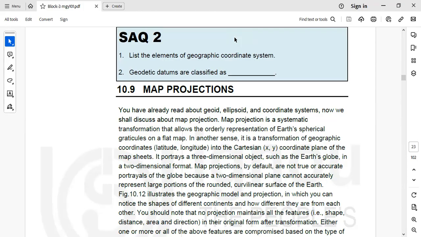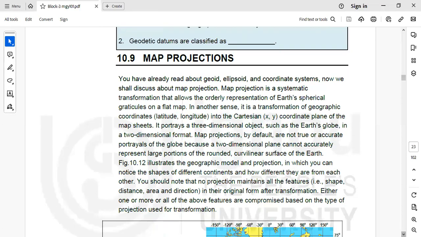Basically, map projections are used to represent the three-dimensional objects of the Earth's surface in a two-dimensional format. So we have several kinds of map projections.